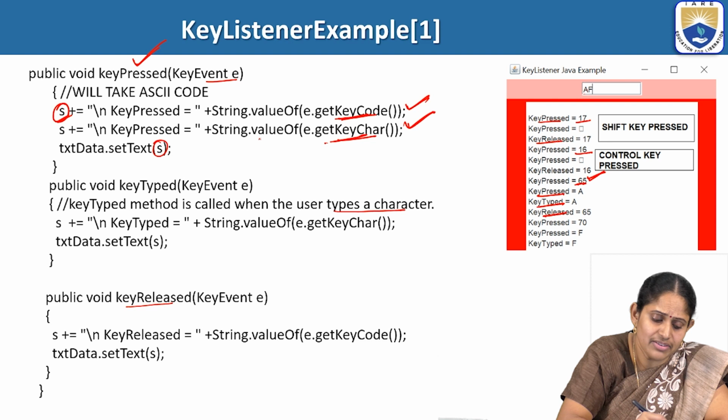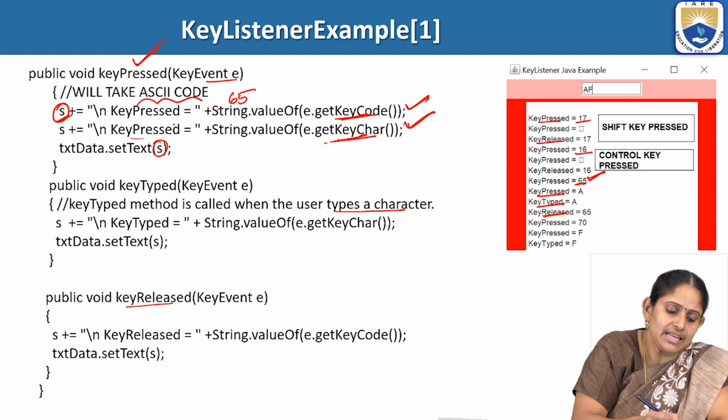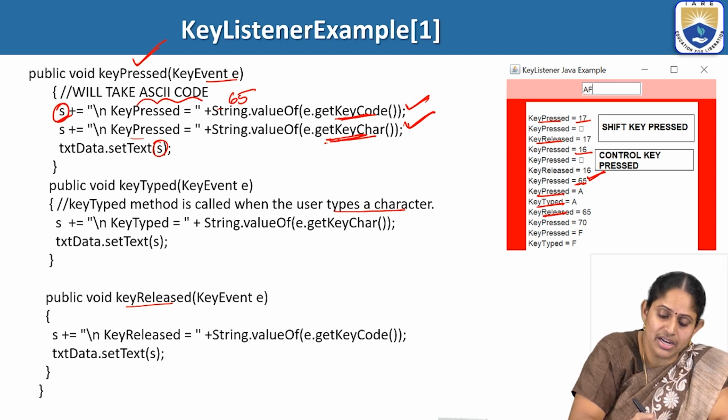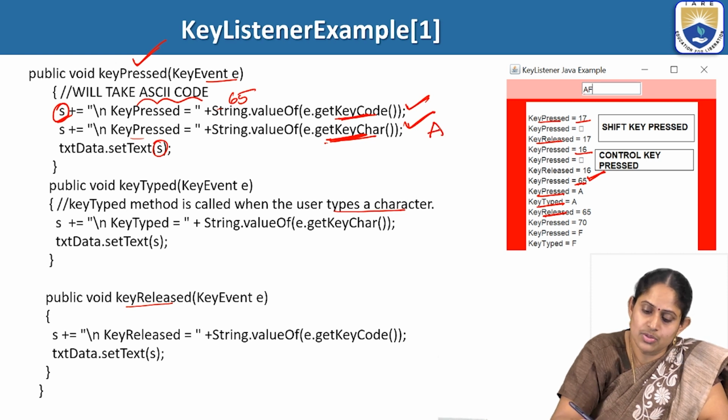And then the second one is key pressed. So this whole thing, key pressed equal to 65, is added onto string S. And to that we again add the key character. The get key character function will return the value A, and that is why we get this A here.